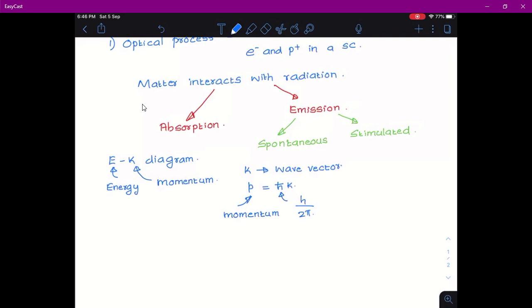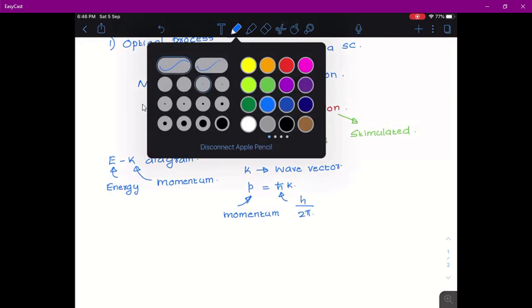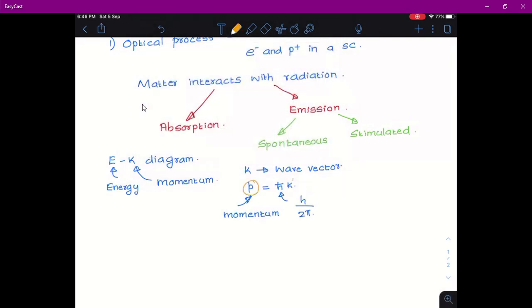So, there is a one-to-one relation between the wave vector and the momentum. So, we usually refer to the wave vector as the momentum itself.